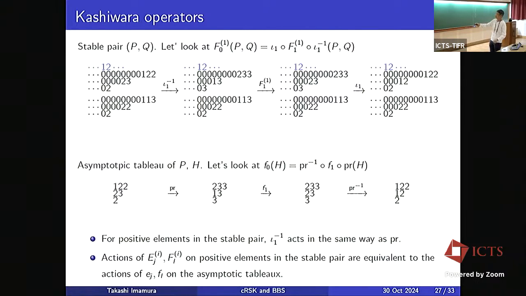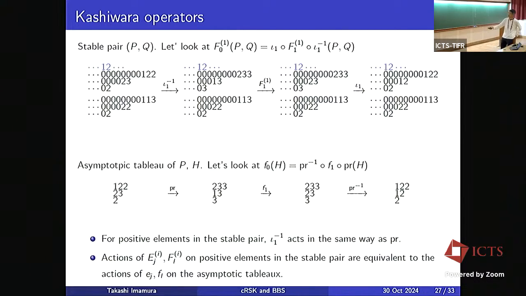Let's compare the action of F0 on the stable pair PQ with the action of the small f0 on the H. This H is called the asymptotic tableau of P, which is obtained just by lining up the positive elements like this.